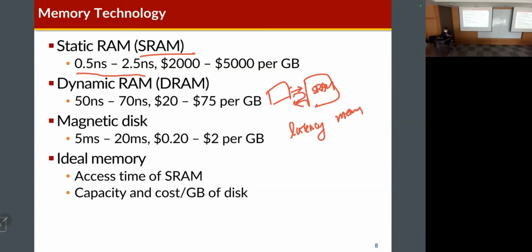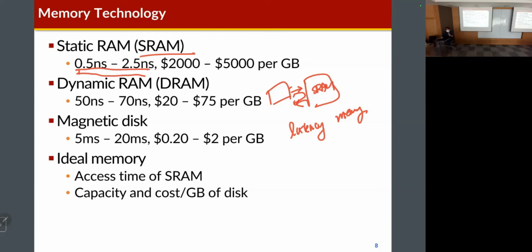Okay, so the time between the request and service. The latency of this SRAM is about nanoseconds. It can be lower than 1 nanosecond, but it's around several nanoseconds.